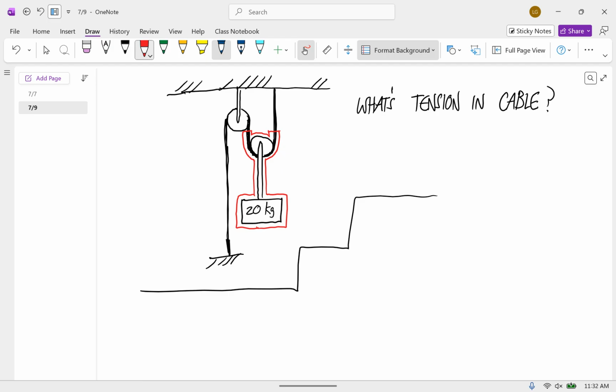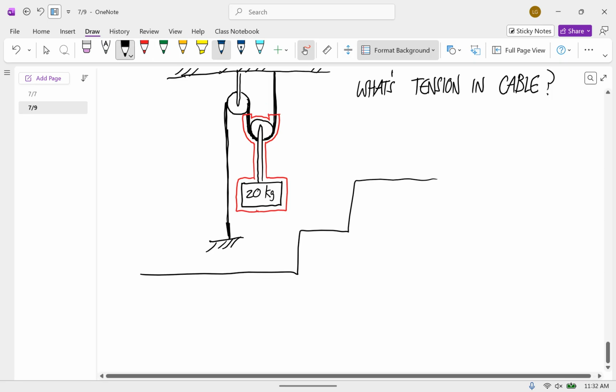Okay, so notice that means my chosen body includes some cable that goes underneath the pulley. All right, and now let's draw a free body diagram of this.